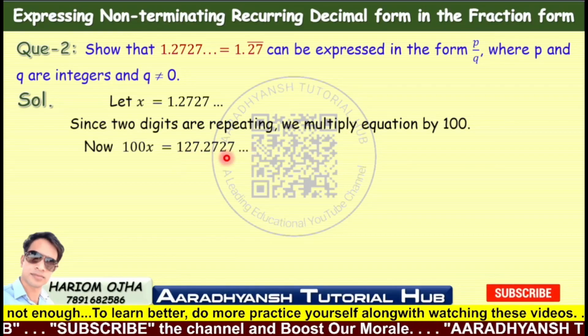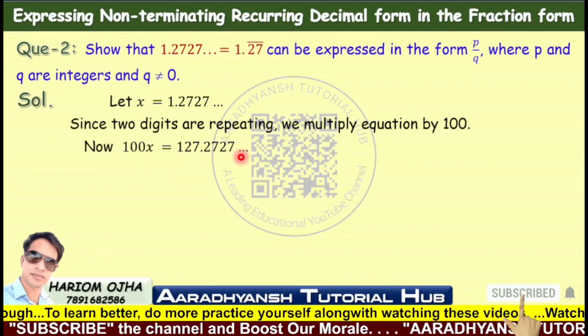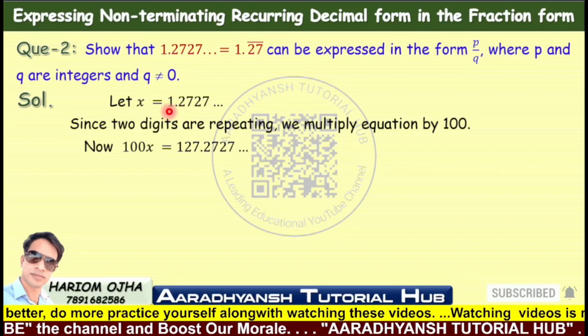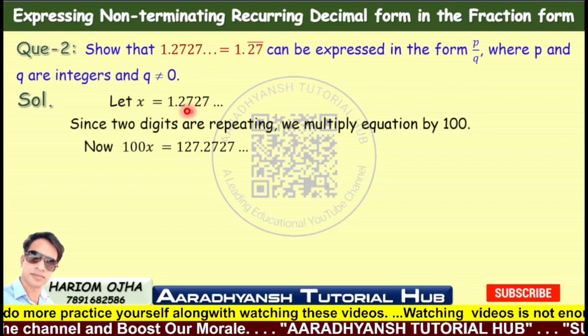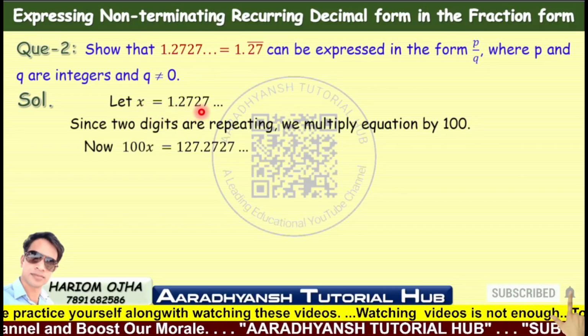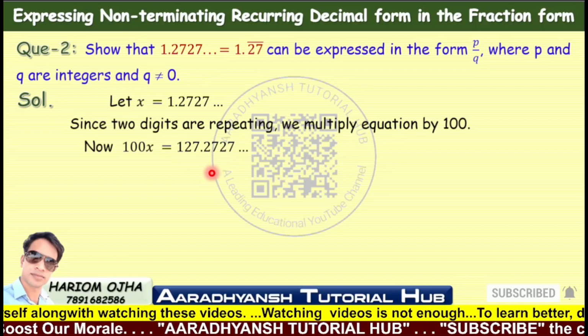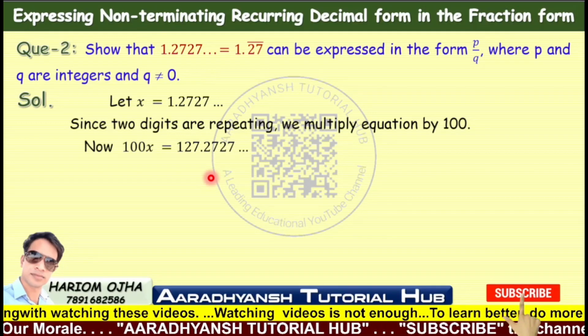Here we have to break this number into two parts, and the second part must be 1.2727, so we can easily replace it by x. So we can split this number into 126 plus 1.2727.